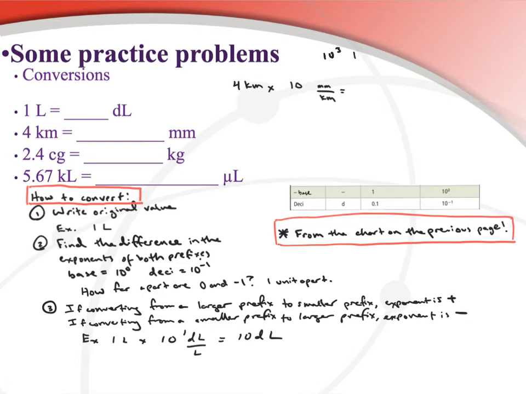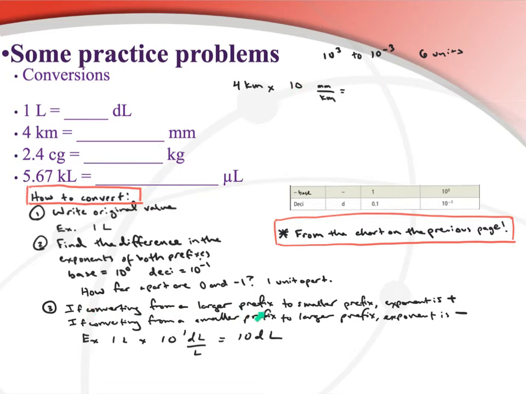And we're going to millimeters, lowercase m here, and that is 10 to the negative third. So those are 6 units apart. So it's either 10 to the 6 or 10 to the negative 6, depending on which way we're going. So we know it's either plus 6 or minus 6.